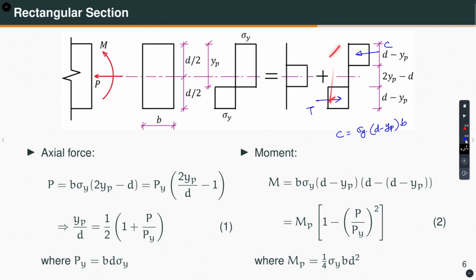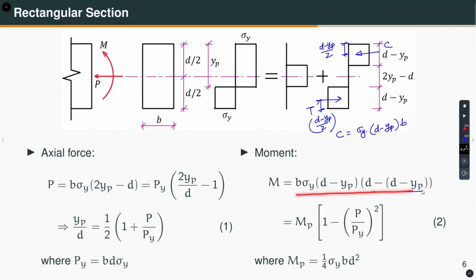Well, this is d minus yp by 2 and this is also d minus yp by 2. Okay. So, from both sides I am subtracting d minus yp by 2. So, actually I am subtracting d minus yp from d. So, basically this is equal to yp, right.